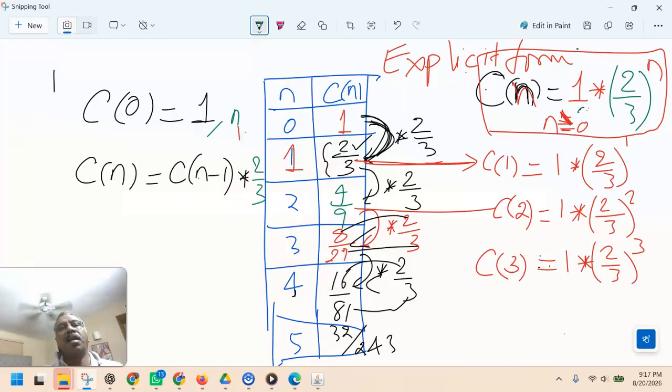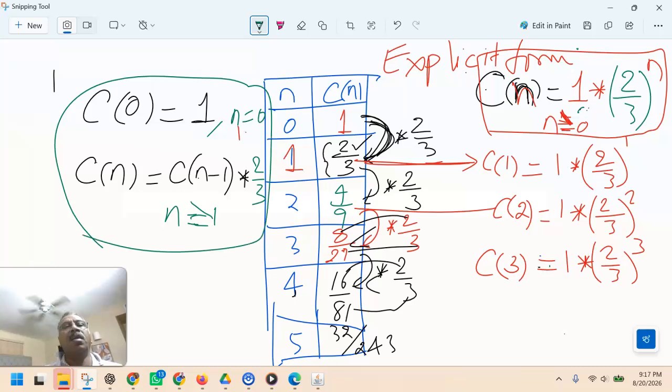So this is for n is 0, and this is for n is 1, 2, 3 like that. So it is n equal to 1 and also greater. And this piece is called the recursive formula.